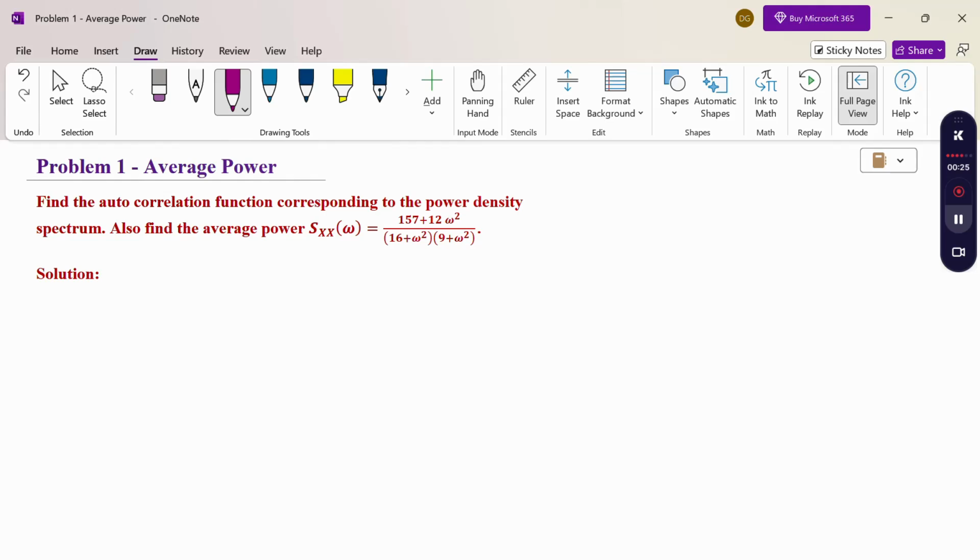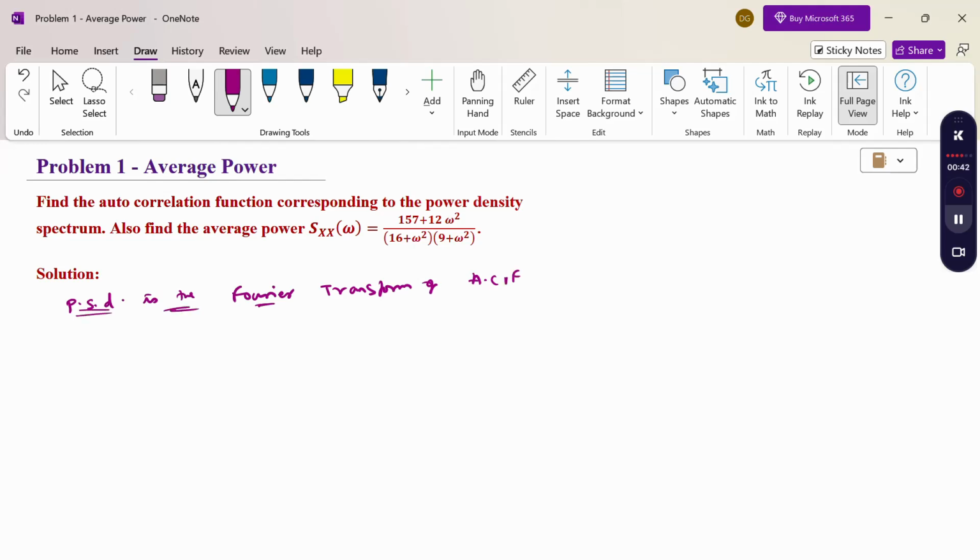So first of all, the power spectral density function is the Fourier transform of the autocorrelation function.